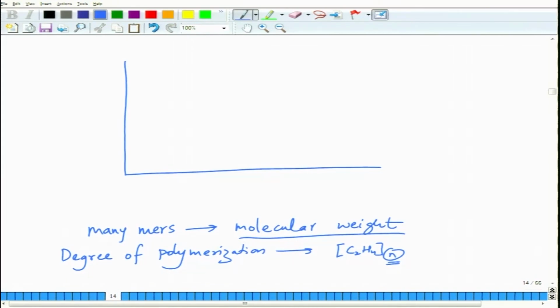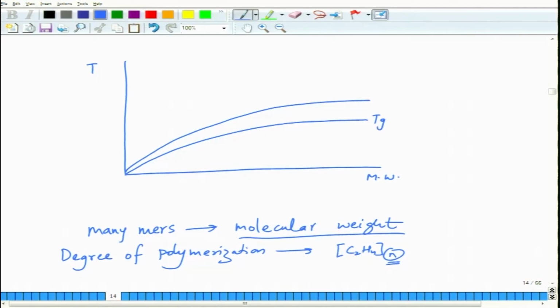So, if I plot, for example, temperature as a function of molecular weight of polymers, generally they have a behavior which is like this. Okay, let us say this is Tg, Tm, melting point is slightly higher than that.